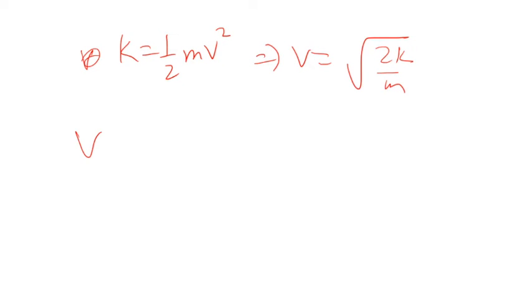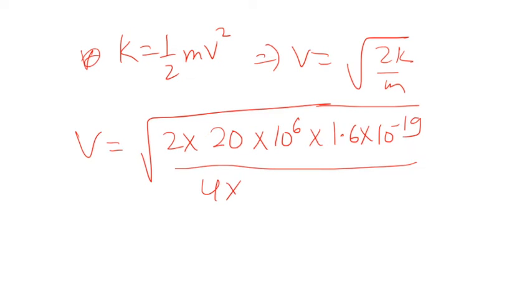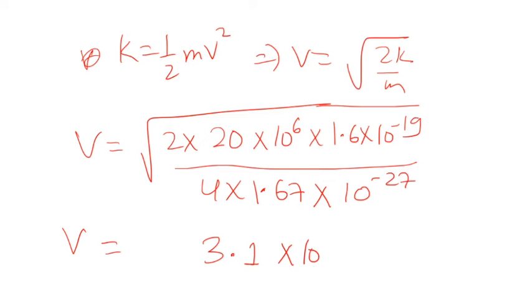So v is equal to 2 into 20 mega electron volts, so 10 to the power 6 into 1.6 into 10 to the power minus 19, divided by 4 into the proton mass, because there are 2 protons and 2 neutrons in the helium nucleus. You calculate this whole thing, and finally your answer comes out as 3.1 into 10 to the power 7 meter per second.